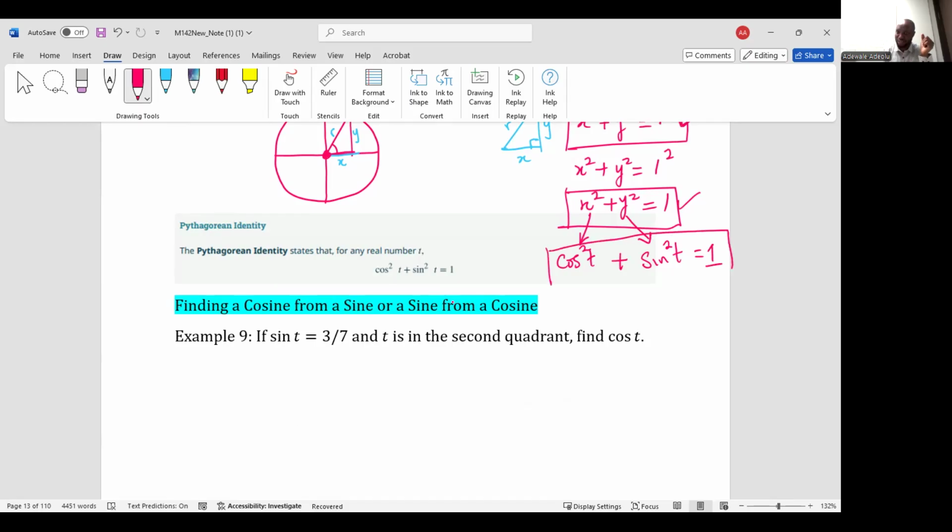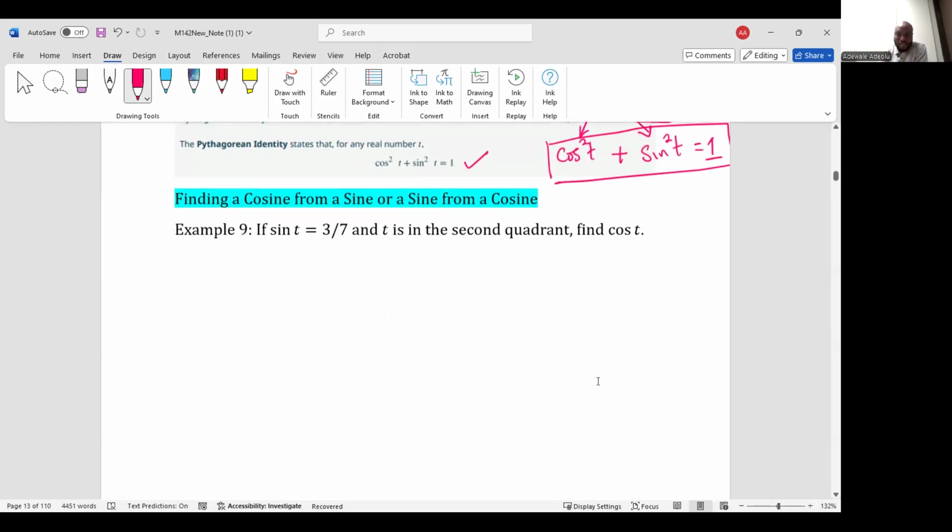So this is what we call the Pythagorean identity. Cosine squared t plus sine squared t of the radian angle is 1. That's a very useful result in mathematics. Do not forget that, please.